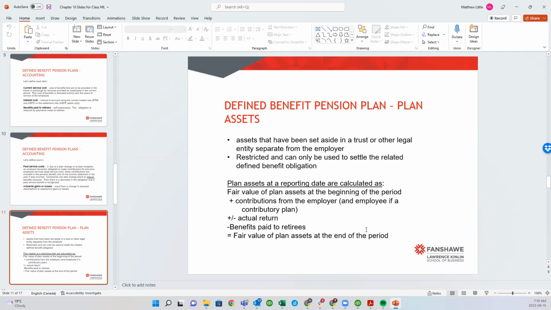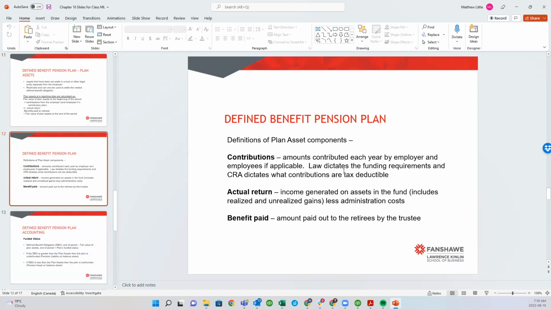To determine that, we look at the fair value of plan assets at the beginning of the period, plus any contributions we actually sent over. So this is actual cash sent to the plan. And add or subtract any actual returns. So we look at the plan assets, what did we actually earn on them or lose? Minus any benefits paid to retirees equals the fair value of the plan assets at the end of the period.